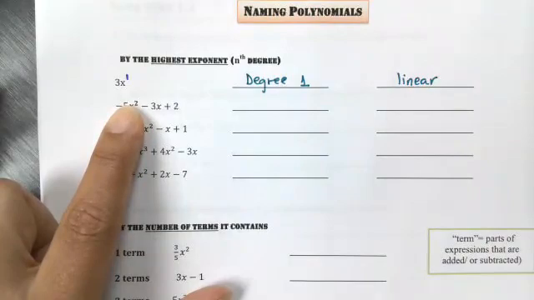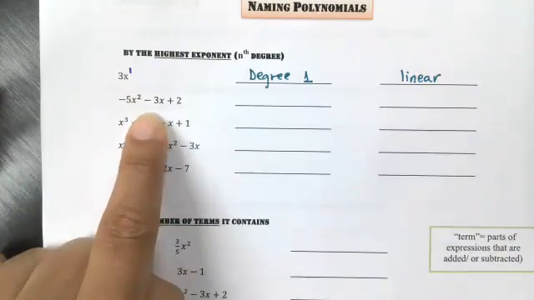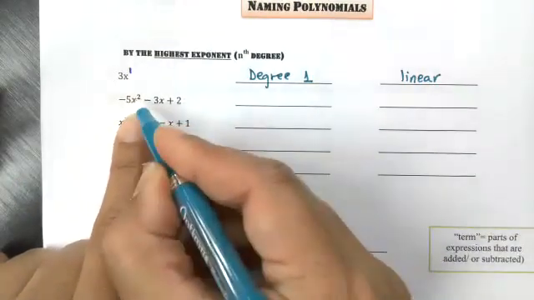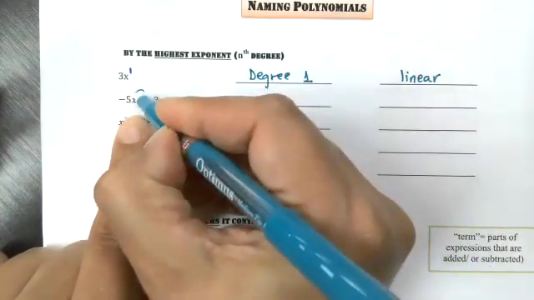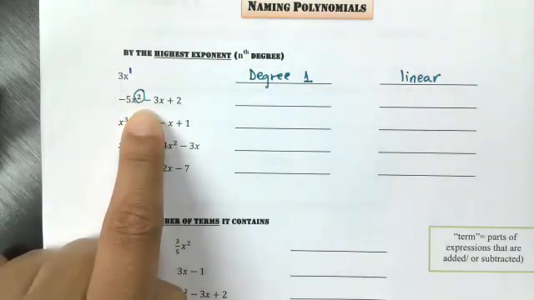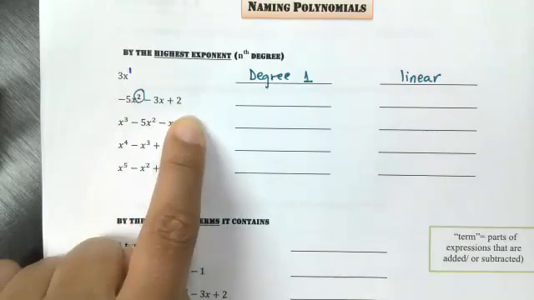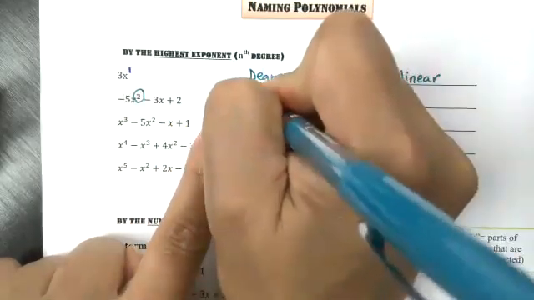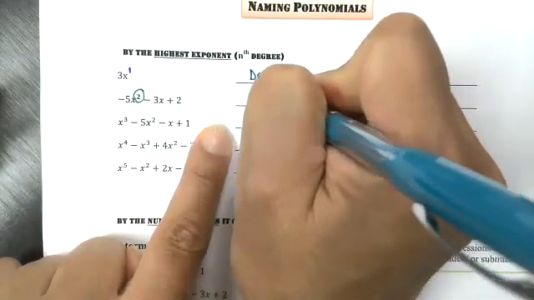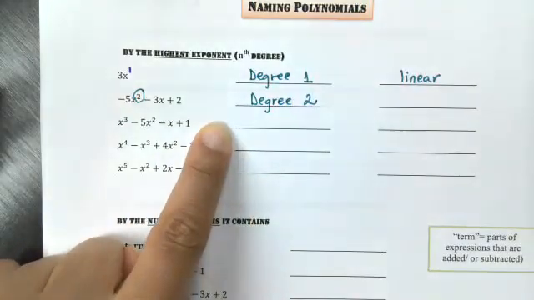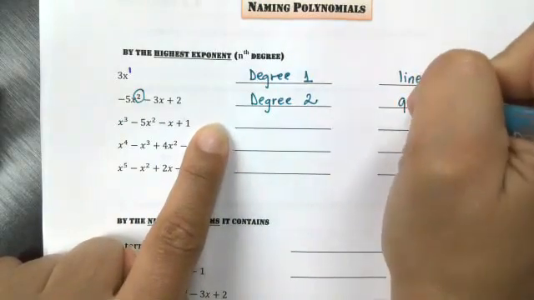A linear polynomial, okay? Now the next one, if you look at all of your chunks, all of your terms, the highest exponent you see is 2. That's going to be a degree 2 polynomial. And the common name for it is quadratic.